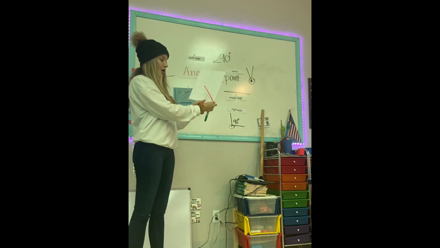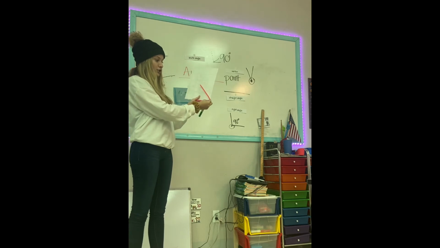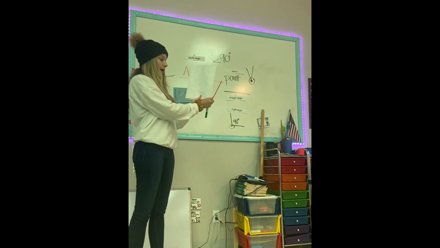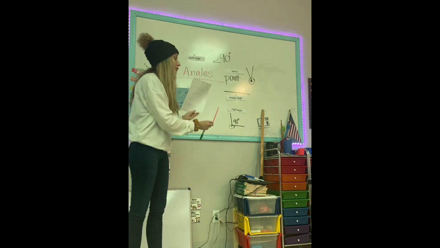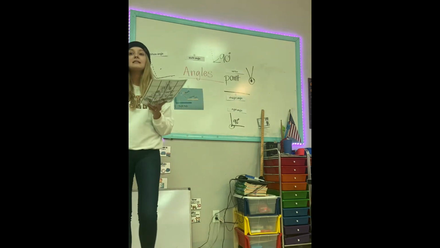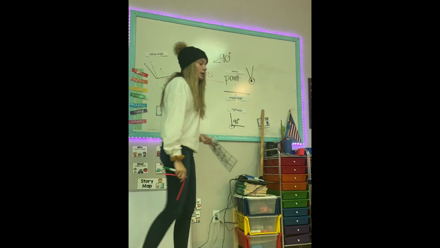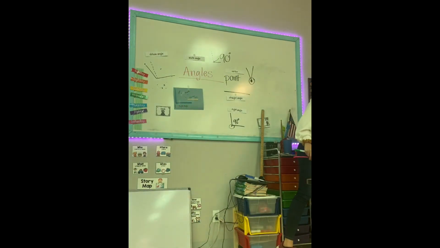And if it's smaller than that little straight edge, that's an acute angle. And if it fits just perfectly on there, that's a right angle. It's 90 degrees. That's what you can always check. You can use a piece of paper, a book, anything with a right angle, a perfect right angle.